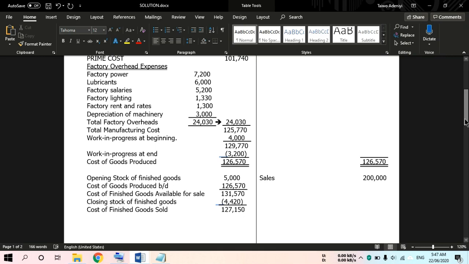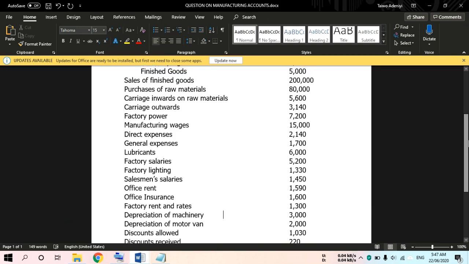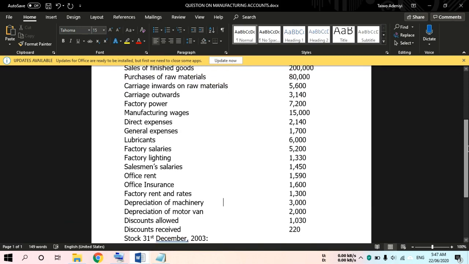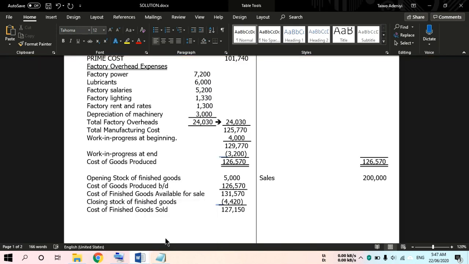Now, as you can see, we don't have any returns of finished goods at all. So next is to compare the two sides. The sales is 200,000 and the cost of finished goods sold is 127,150 naira, and that means the sales is greater than the cost of finished goods sold.